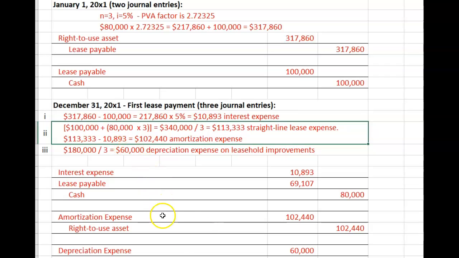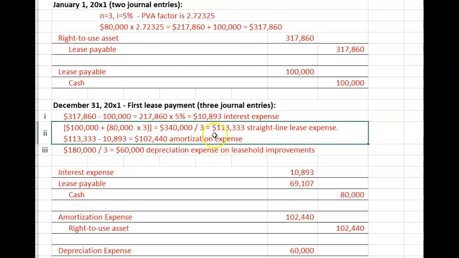The amount that hits the income statement in an operating lease has to be a total of the straight line lease expense. And it hits the income statement in a combination of interest expense and amortization expense.